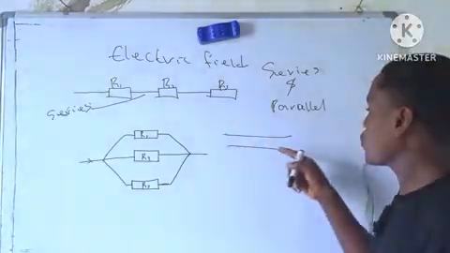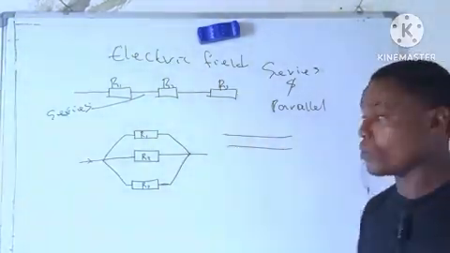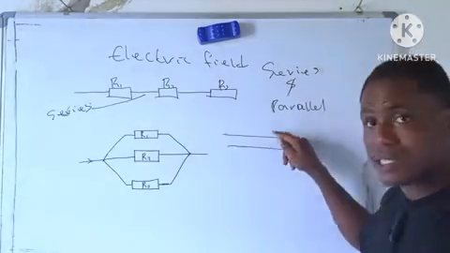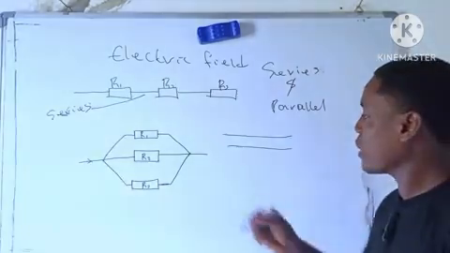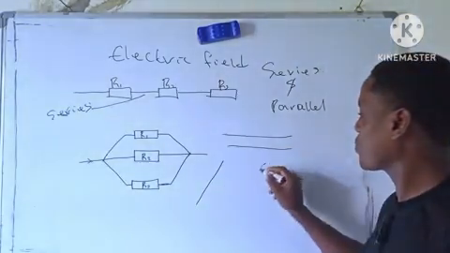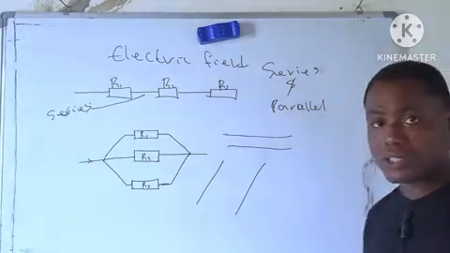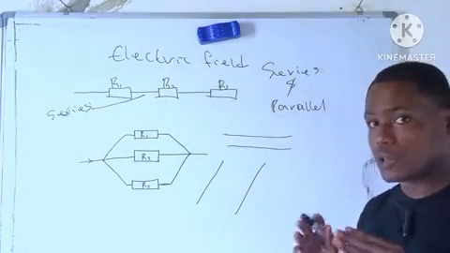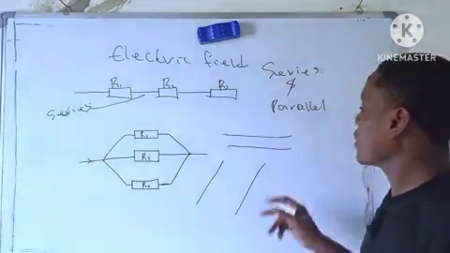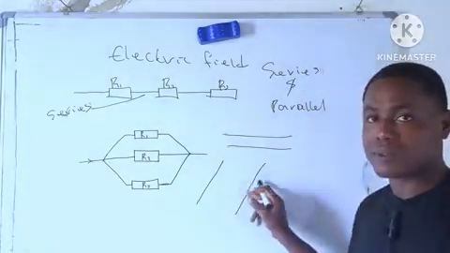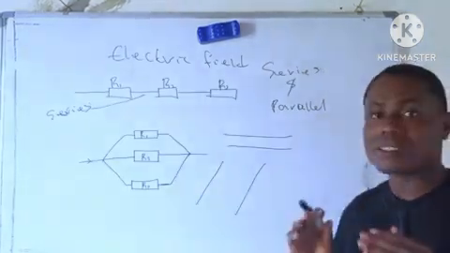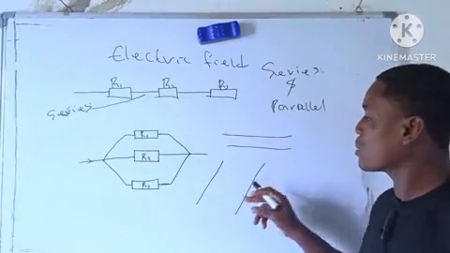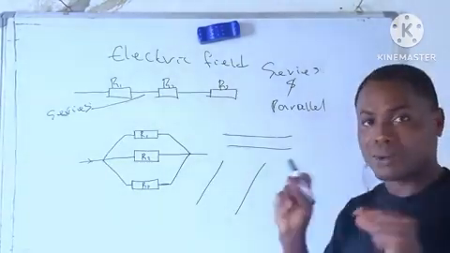Meaning that these two lines are facing each other but in opposite direction, and these two lines too, are they not facing each other? Meaning that they are in parallel. They are facing each other at the same time. They are called parallel lines.